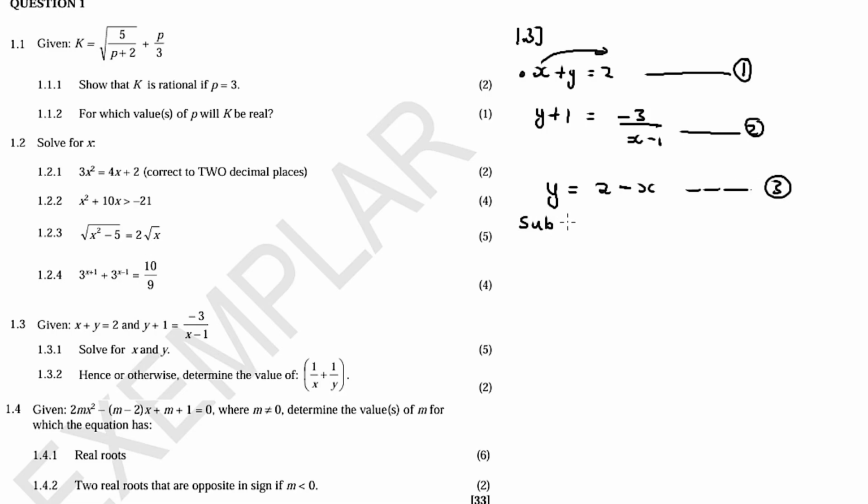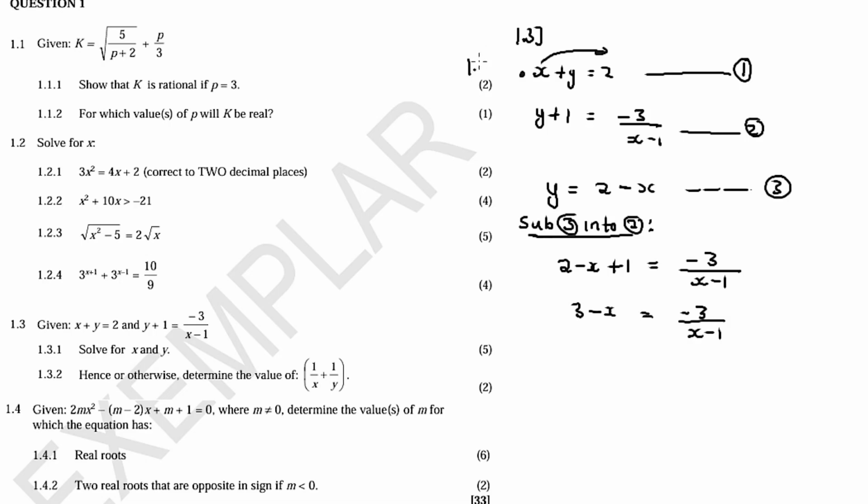Then you substitute equation 3 into equation number 2. Y, it's 2 minus x, plus 1 is equal to negative 3 over x minus 1. 2 plus 1 is 3, minus x equal to negative 3 over x minus 1.